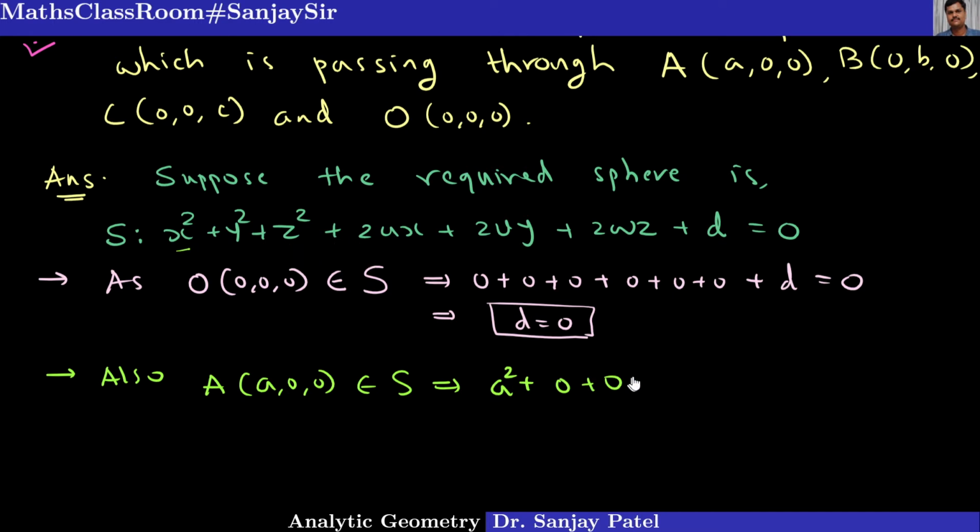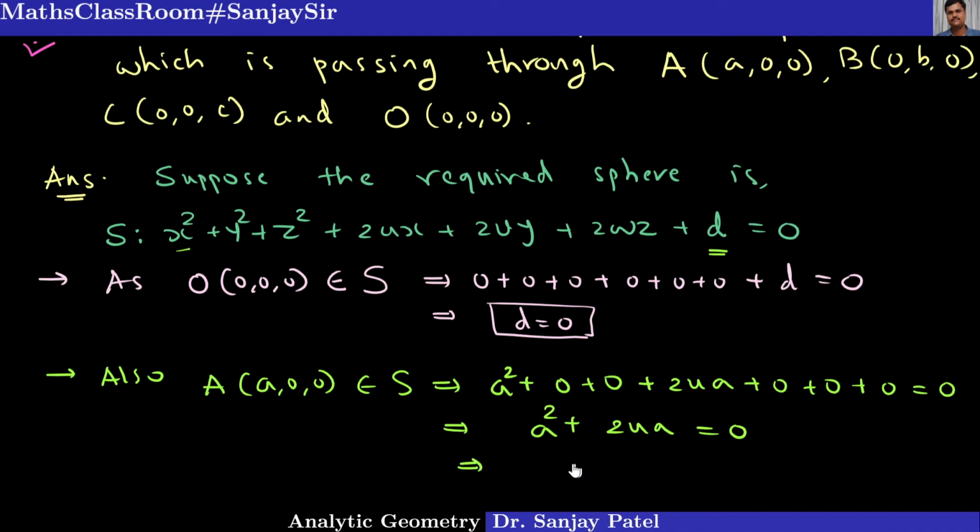And here plus 2ua, plus 0, and d we have already obtained, so I can substitute that, plus 0 is equal to 0. So what I will get from this is a square plus 2ua equal to 0.